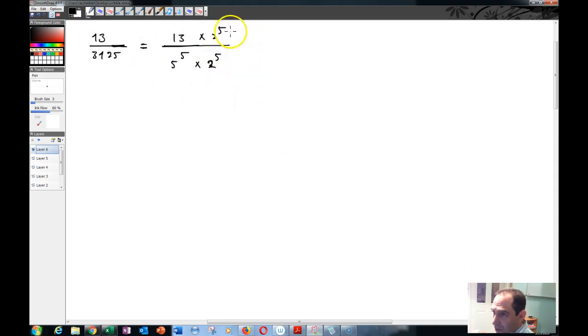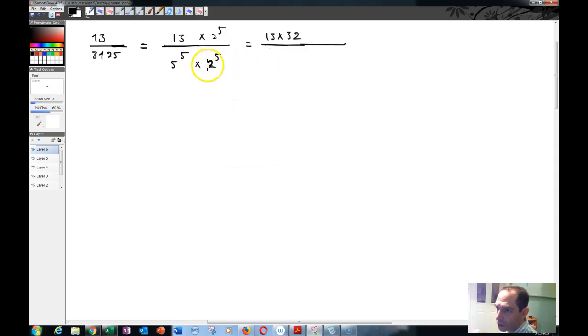Okay, so now 2 raised to the power 5 is equal to, I think, 4 times 4 is 16, 32. That's 32. So that's the same thing as 13 times 32 over 3125 times 32, and you don't really need to do this step.